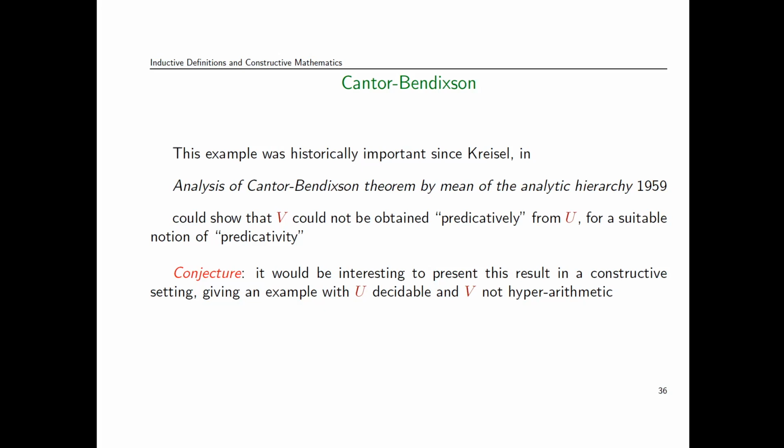So a predicative subset of NAT should be given by a family of hyperarithmetical propositions, where I've defined hyperarithmetical as this sigma completion of 0, 1. I think this corresponds.